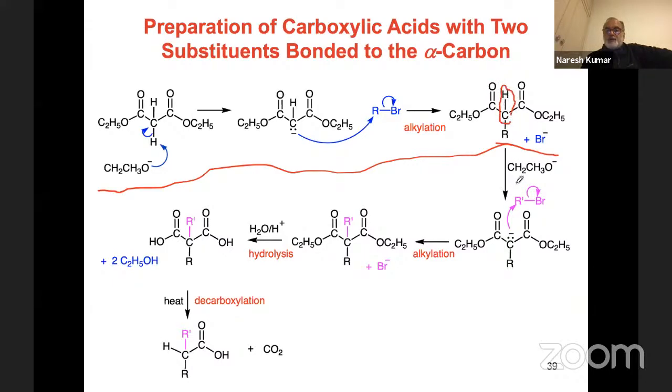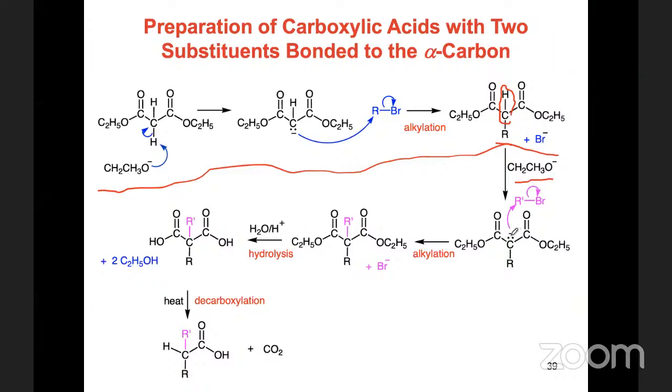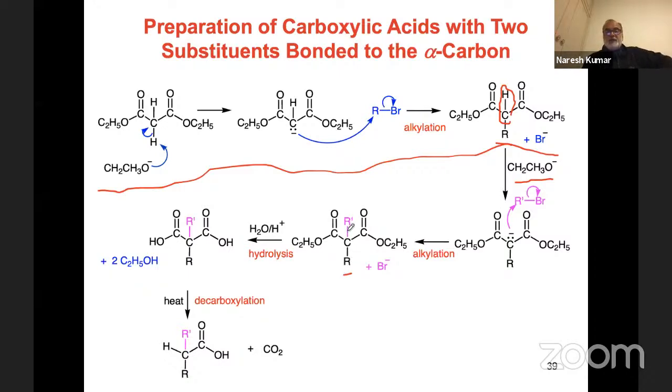That means you can remove that proton also with a base, and you can add another alkyl group at that carbon over there, and that alkyl group R dash can be the same as R or different.